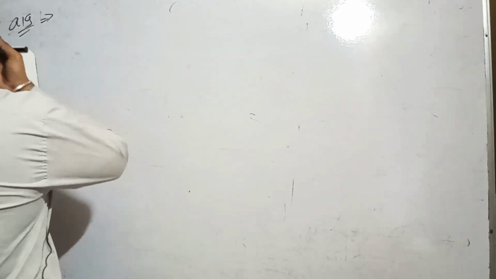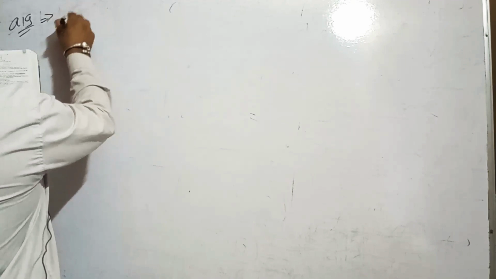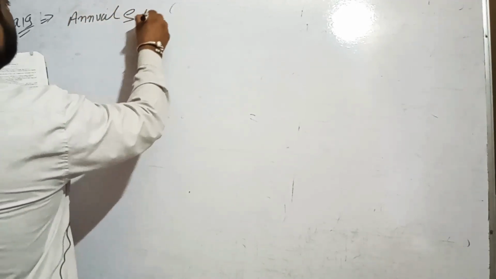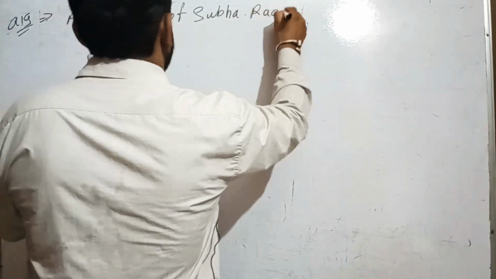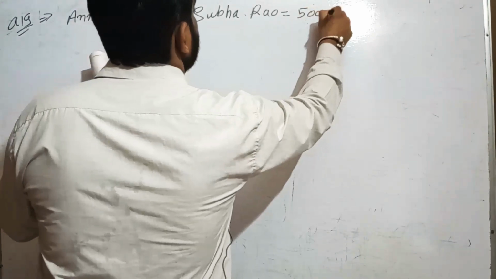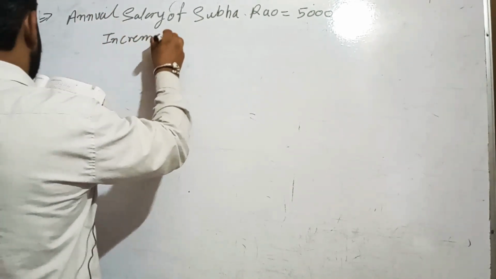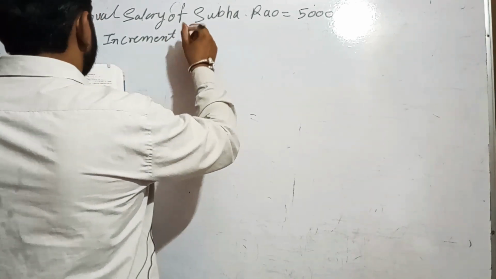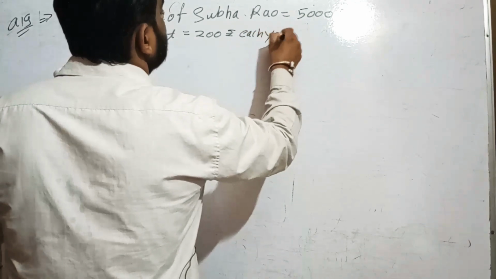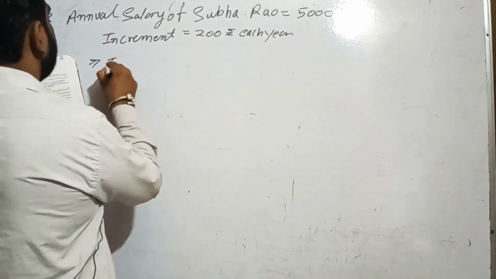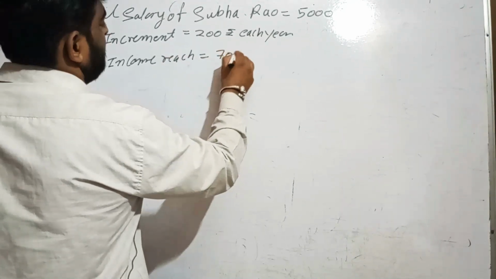So we have to write it down. In 1995 the annual salary of Subba Rao is 5,000, and he receives an increment of 200 rupees each year, and the income reaches 7,000 rupees.